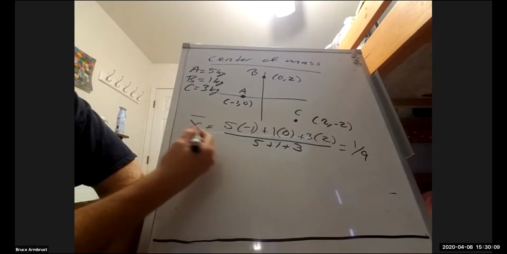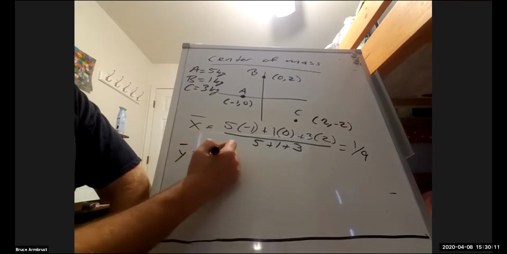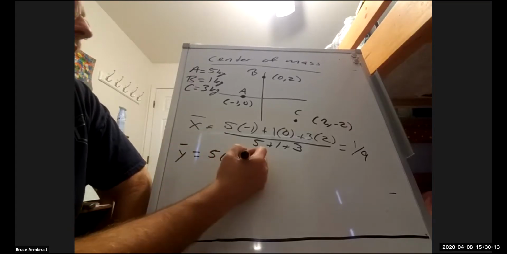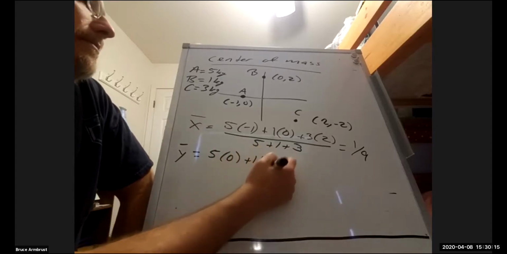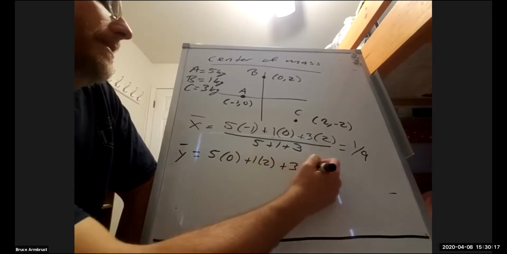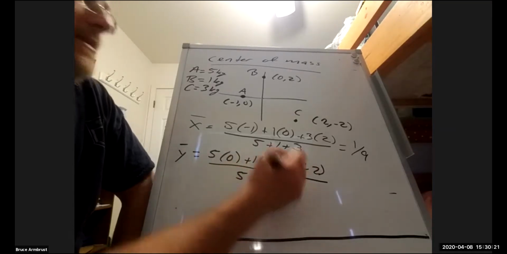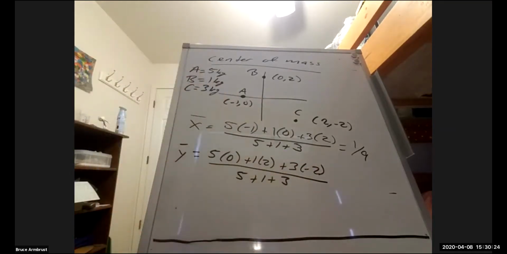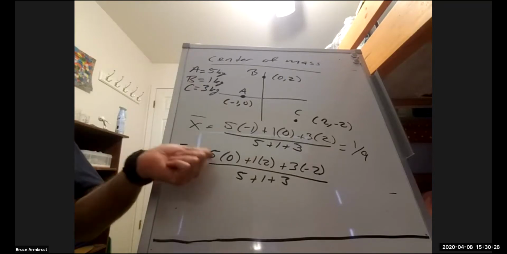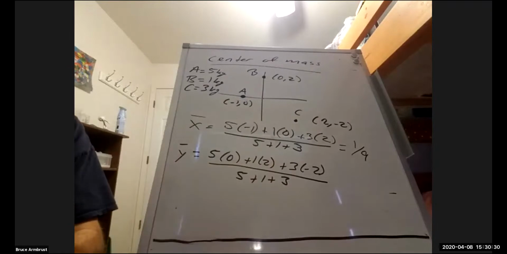All right, now we do the same thing for y. But this time it's going to be 5 times 0, 1 times 2, and 3 times -2. But again, the sum of the masses is still the same, 5 plus 1 plus 3. All right, well, on top, we get 0 plus 2 minus 6, which by my count is -4, and the bottom is still 9.